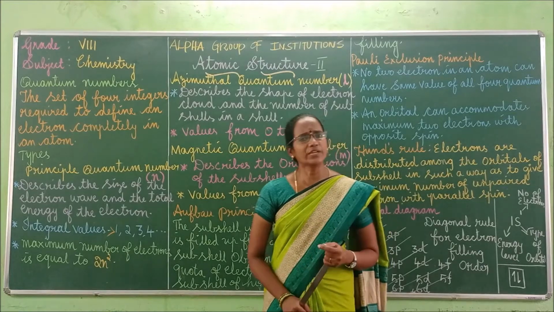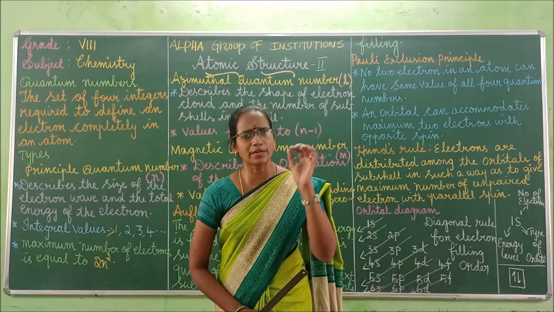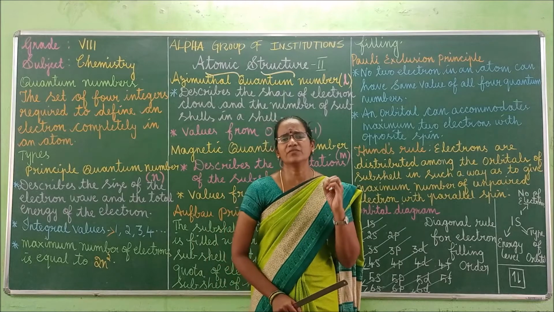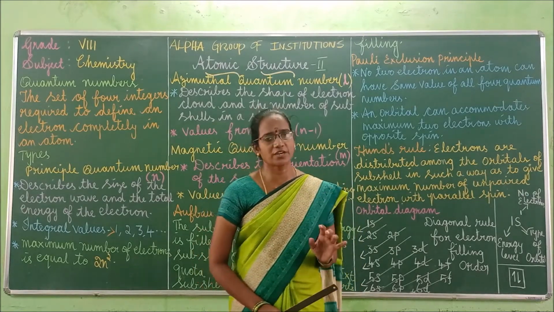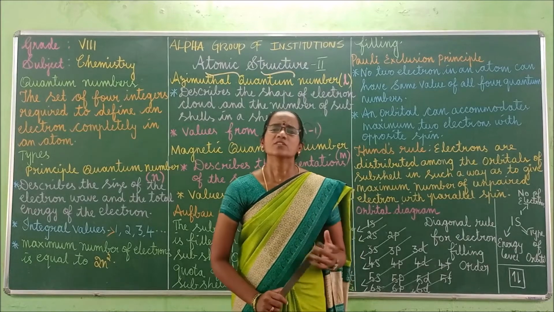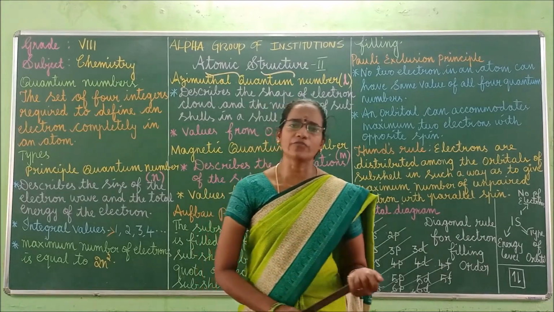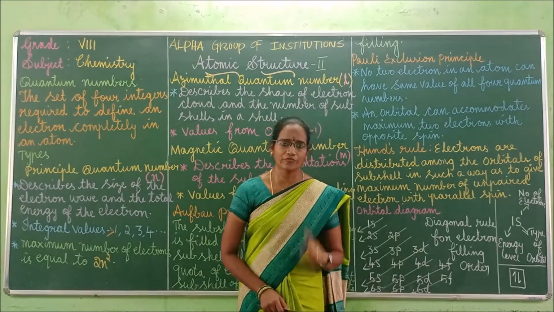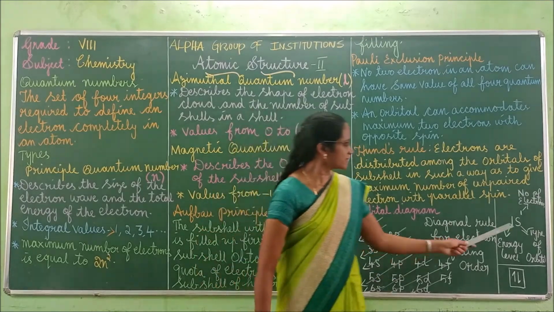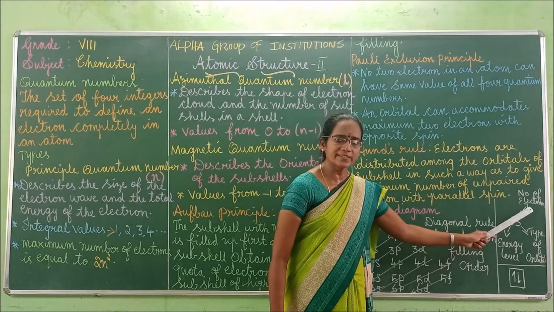If we know the atomic number of the element, then we can easily determine the electronic configuration. While writing electronic configuration, a standardized notation should be followed. See this one. Here 1 is what?